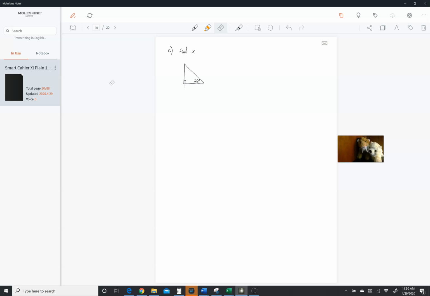This is 14, and we're looking for this. Okay. So what do we do? We label first. So we're going to label our triangle opposite, adjacent, hypotenuse. So the x side is our opposite. This is our adjacent, and this is our hypotenuse.